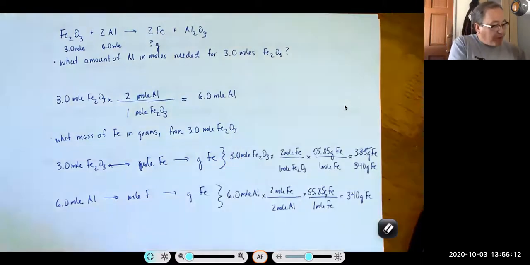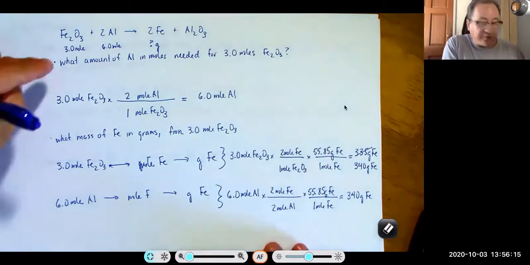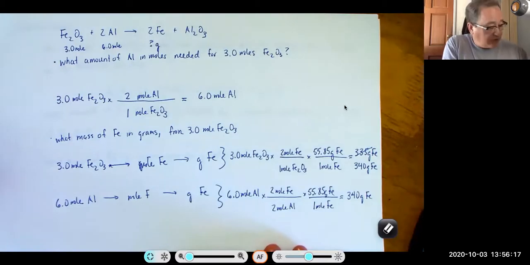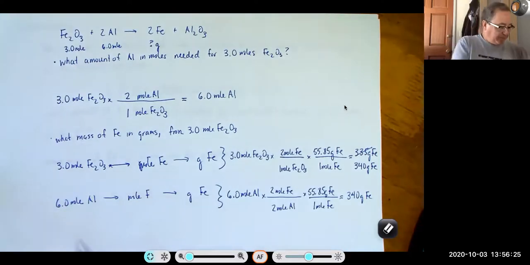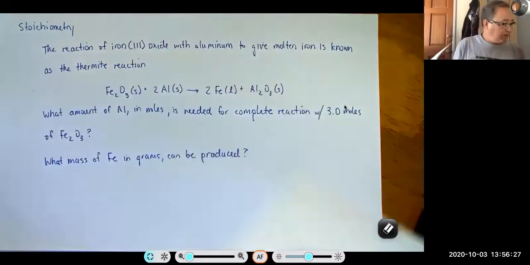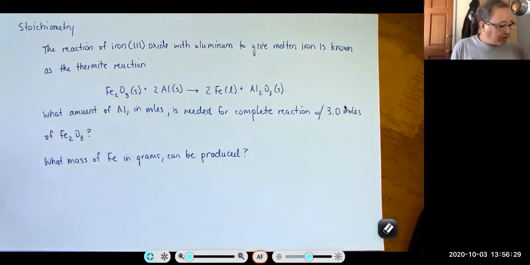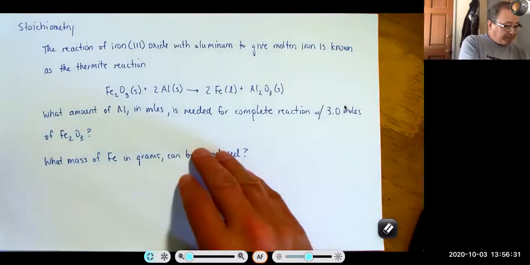So this would be the perfect reaction if we had exactly 3 moles of iron(III) oxide and exactly 6 moles of aluminum and reacted them, and if everything worked perfectly. Okay, so that's that problem.